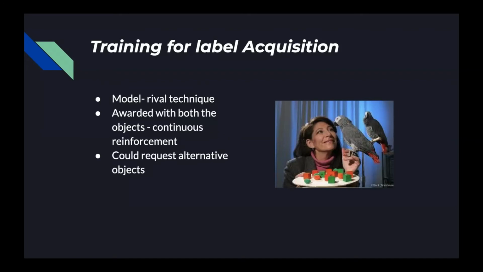And obviously he's a parrot, so it's not necessary that every time he's asked a question for a specific object, he would be interested in that object, right? He could be uninterested in specific objects that he was asked questions for. So the researchers also tried to accommodate him for that.